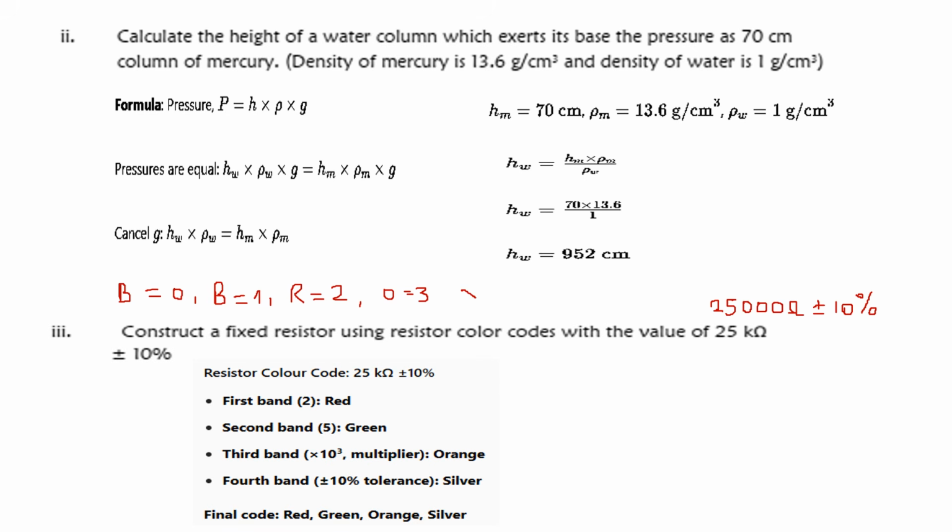Yellow has a value of 4. Green is 5. Blue is 6. Violet is 7. And gray is 8.